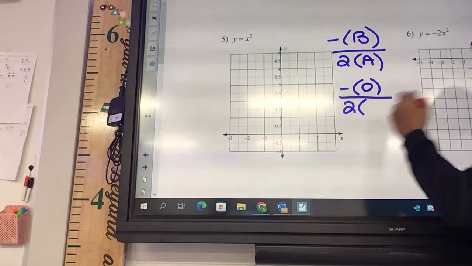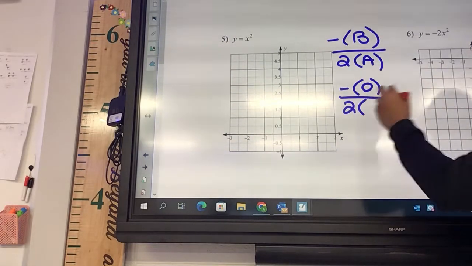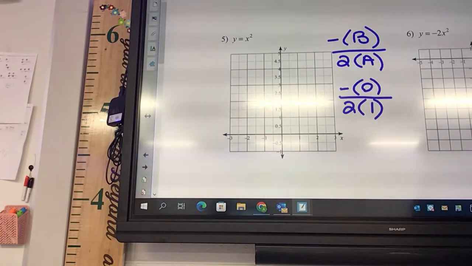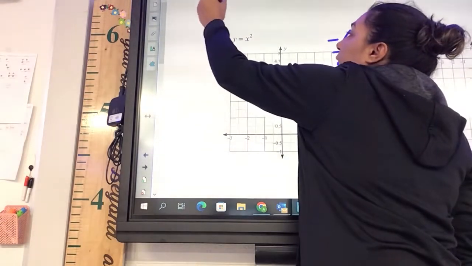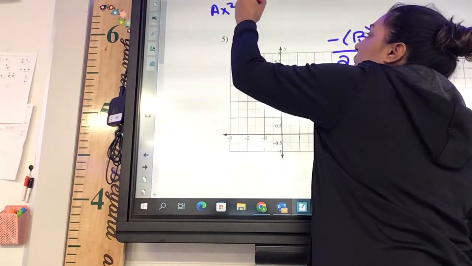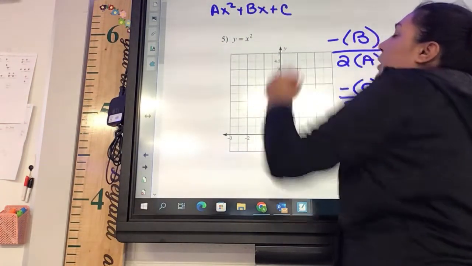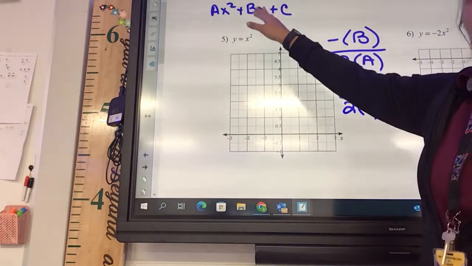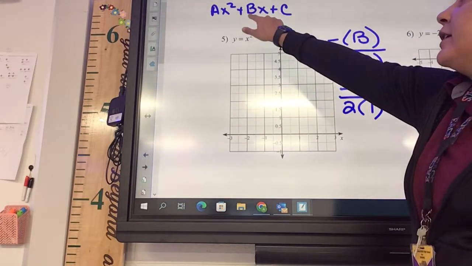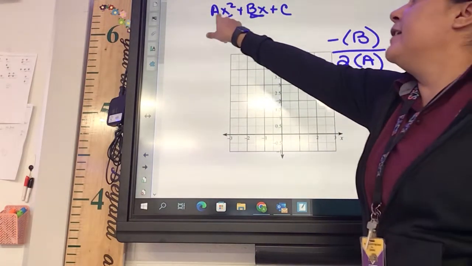Over 2, what's our a? 1. What's our c? 0. Okay, so it goes like this: ax squared plus bx plus c. The c is always just the number. The b is the part that goes with the x, and the a is the part that goes with the squared.